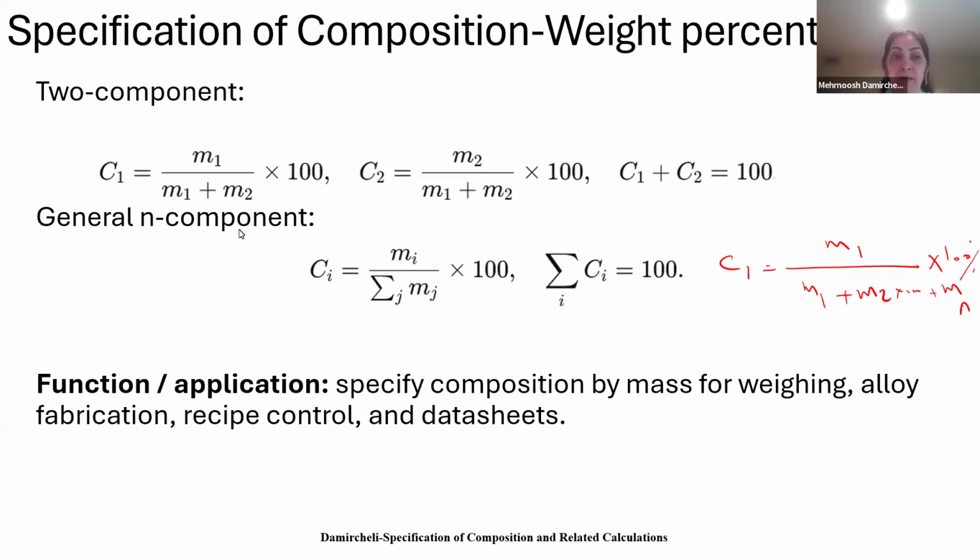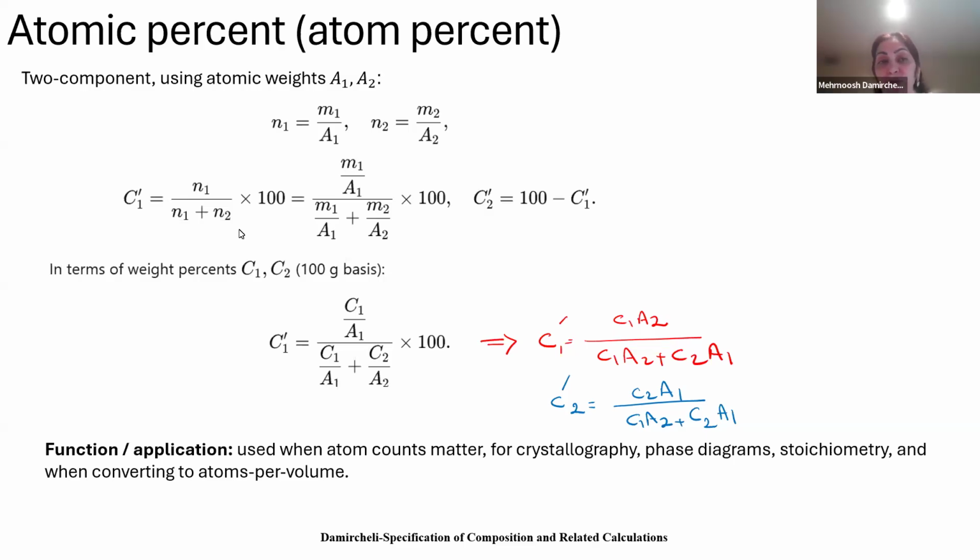Okay. Then we have atomic percent. Atomic percent expresses the fraction of atoms of a specific element relative to the total number of atoms that we have in the alloy. It is useful for understanding the actual atomic distribution or contributions in a material.